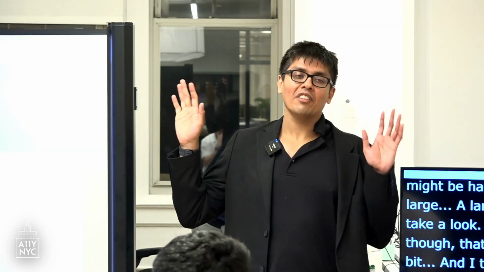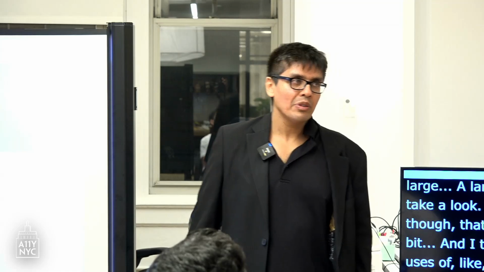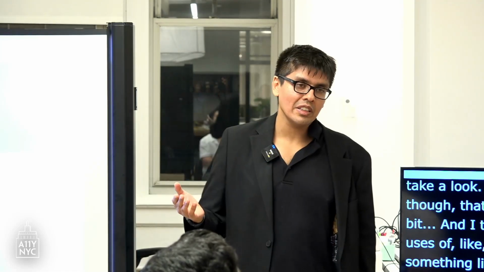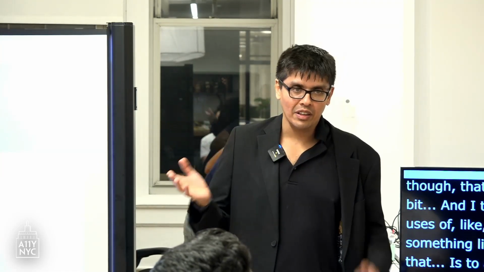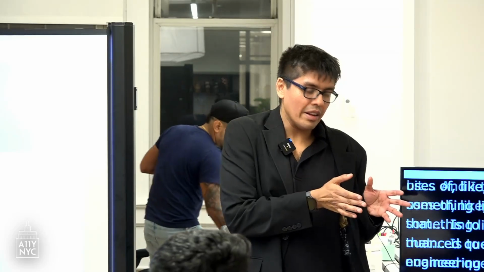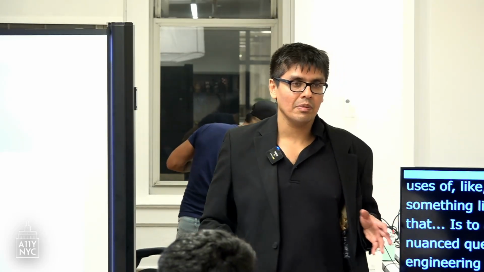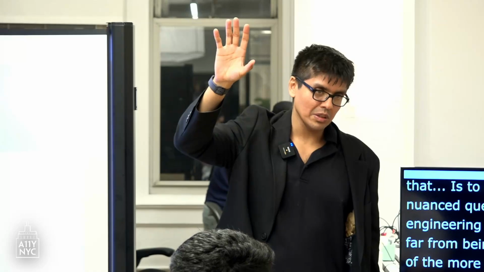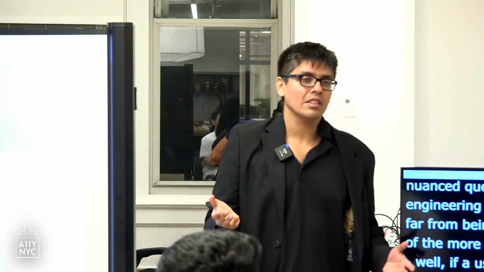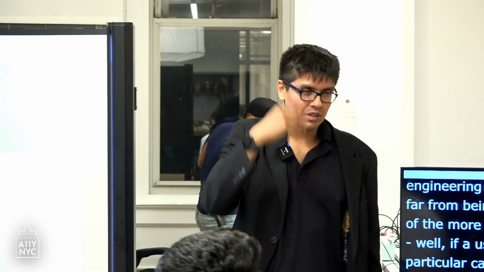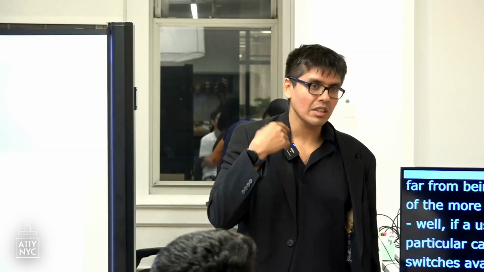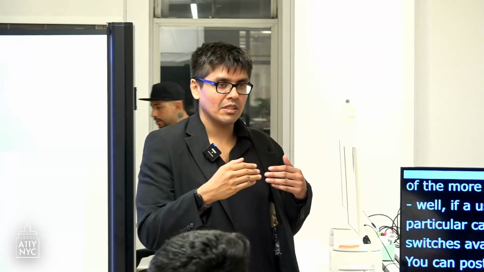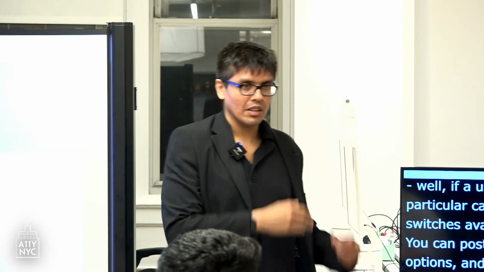That's far from being the solution, but with some of the more advanced models, you can ask, if a user is enabled or not enabled in a particular capacity, and I have these switches available, what are my options? You can post an image of the switch options and ask, can you suggest an optimal pattern, an optimal setup for these switches? And it may come back with different options for that particular person.